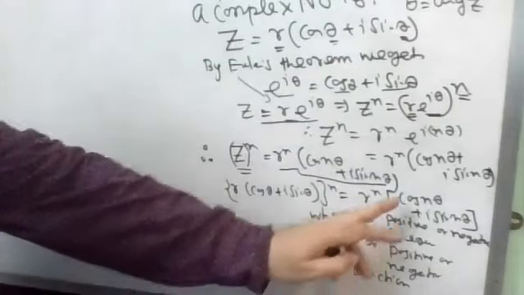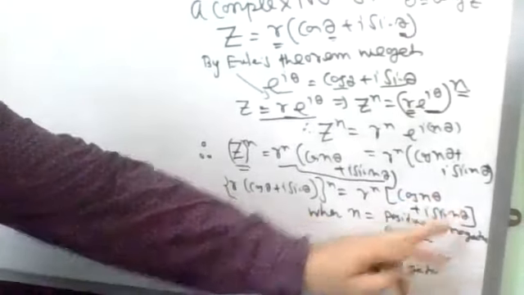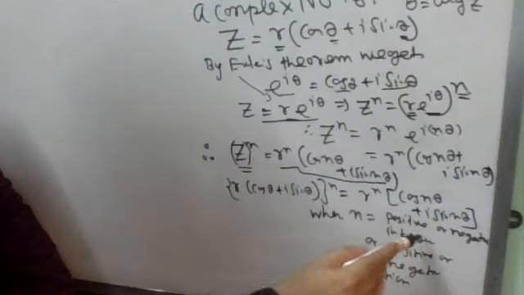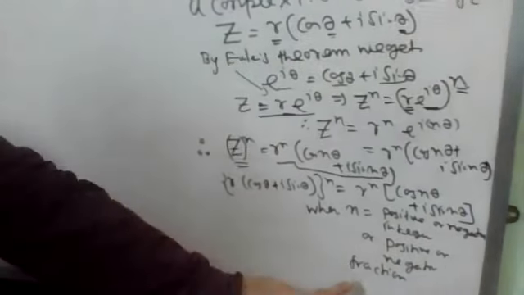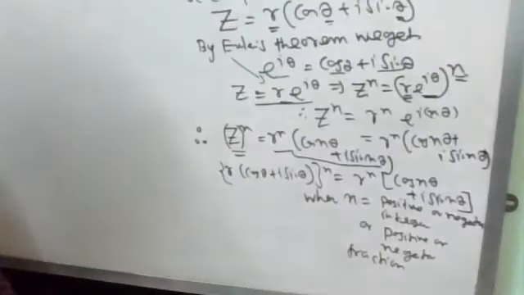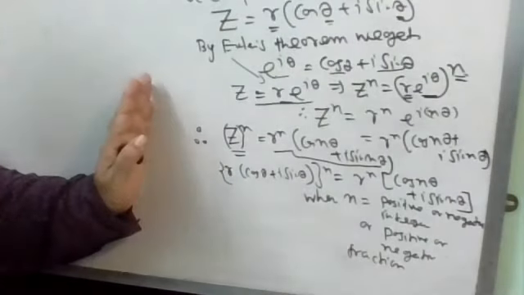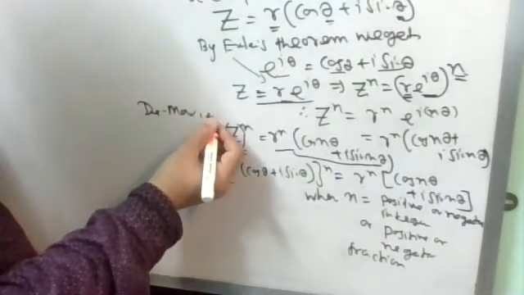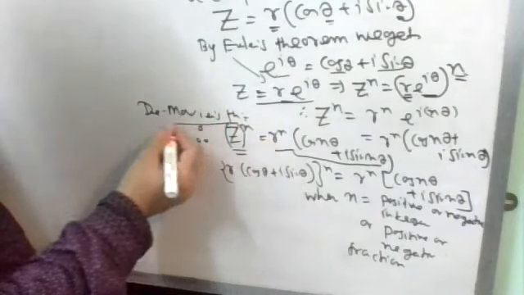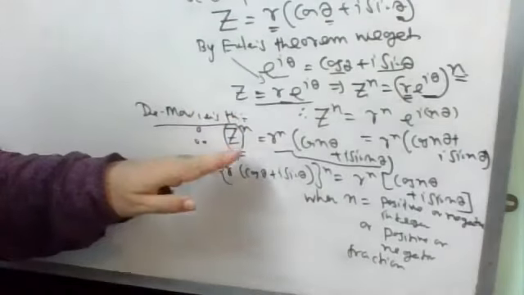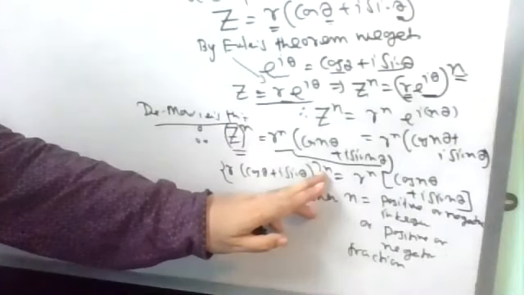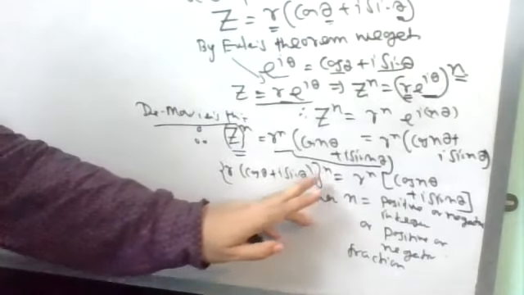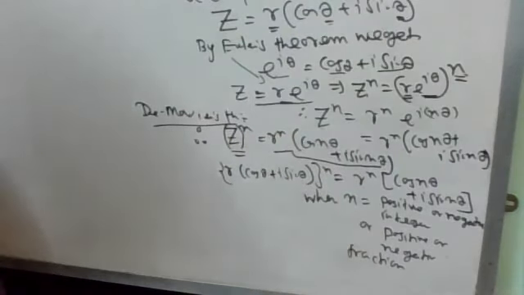So z to the power n is r to the power n (cos n theta plus i sin n theta), where n is a positive or negative integer or positive or negative fraction. Okay, so this theorem is called de Moivre's theorem. It means in a polar form, if you take the power n of a complex number, then that n will become the multiple of theta. Hope you understood.